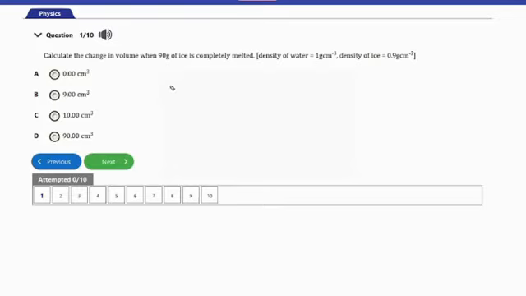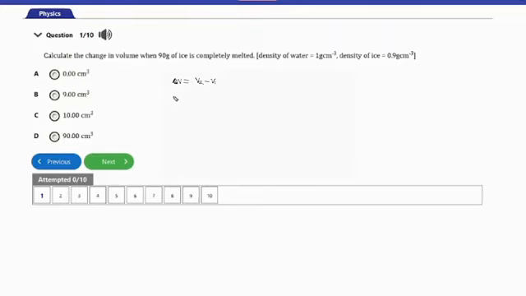So guys, actually, since we are calculating for the change in volume, that's the delta V. It will be the volume V2 minus V1. So in that case, guys, we are going to calculate for the volume of ice and then the volume of water and then find the difference here, and that will be the change in volume.